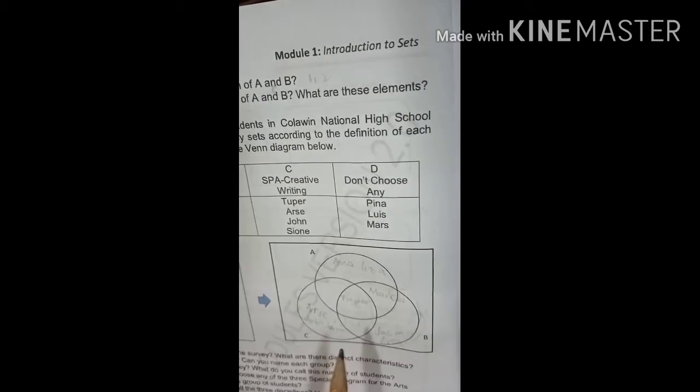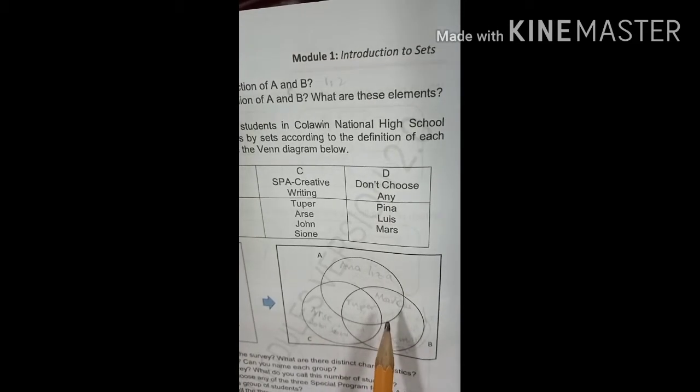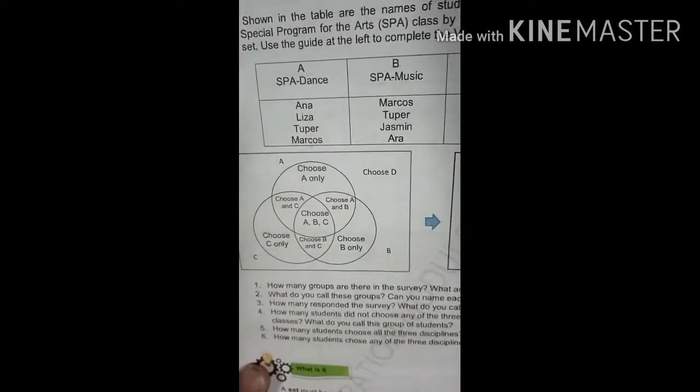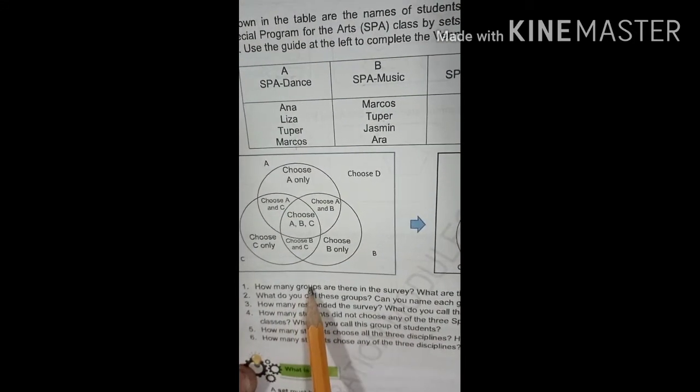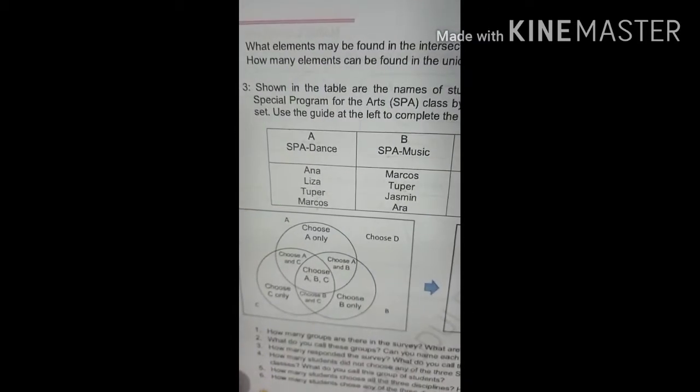Now, from this Venn diagram here, we could answer the questions. The first question, how many groups are there in the survey? What are these distinct characteristics? Actually, there are 4 groups of students.